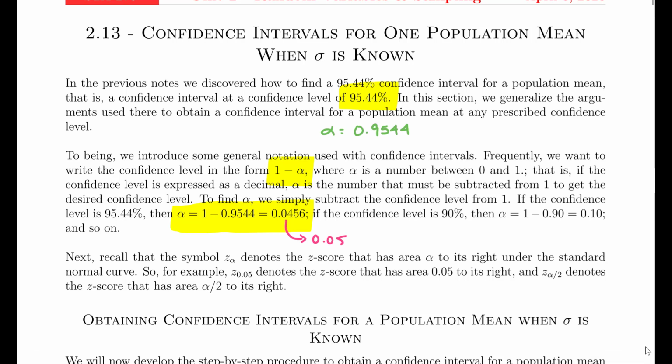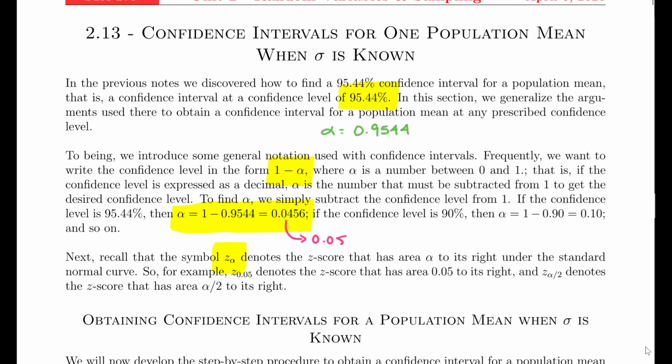And when we have that confidence value for alpha, then we want to compute the z-score, and we're going to compute z sub alpha. Remember, when we use that notation, that simply means the z-score that has the area alpha to its right under the standard normal curve. Now, the standard normal curve table, the z table, gives us the area to the left of a specified value.